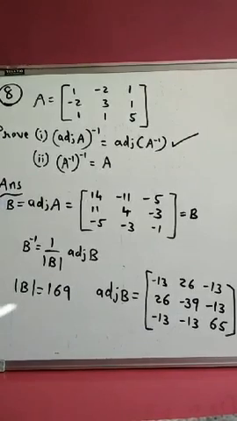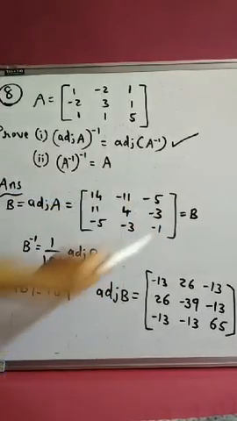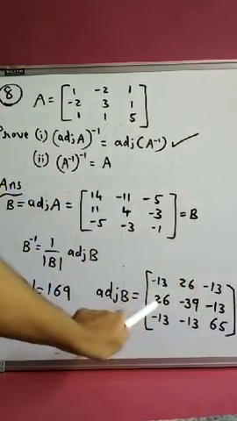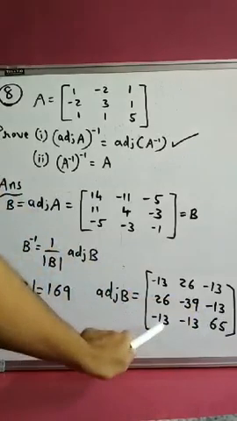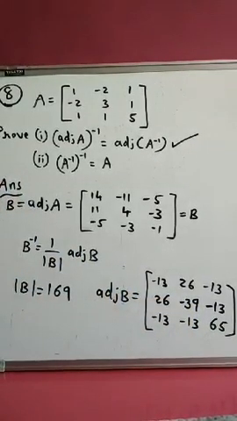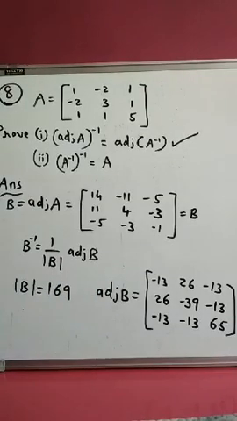So determinant B you will get 169, and its adjoint you will get minus 13, 26, minus 13, 26, minus 39, minus 13, minus 13, minus 13, 65. I am just keeping these values over here: determinant B equal to 169 and adjoint of B. You can take a screenshot of this.